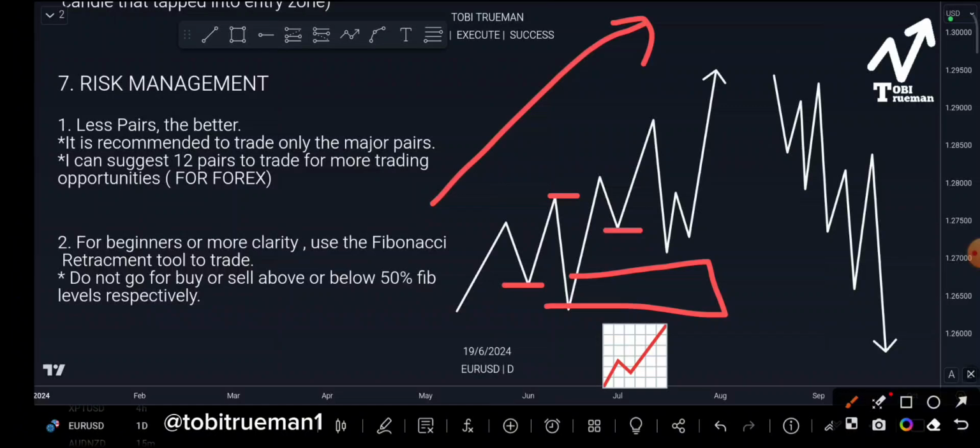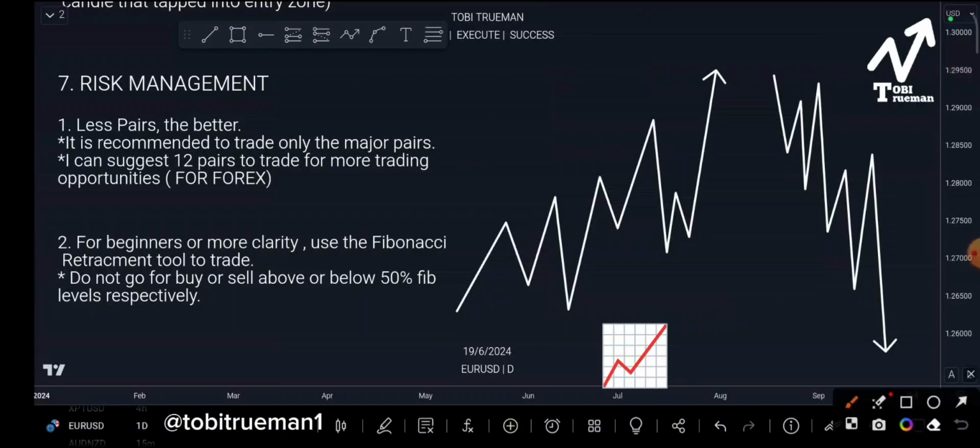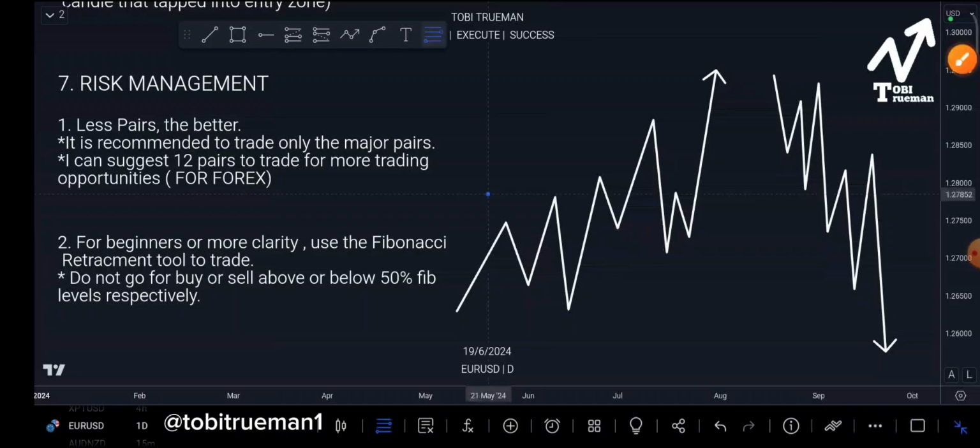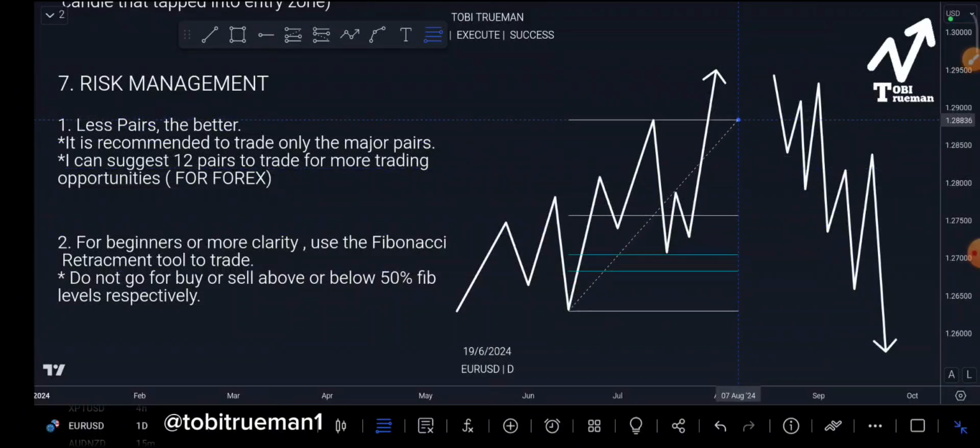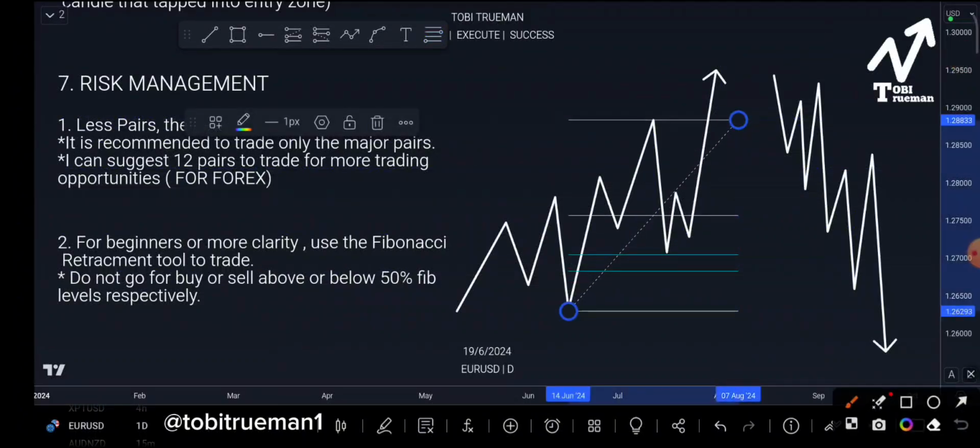And then there are sometimes when price takes inducement and gives an entry here, by the time you do your measurement with this fib retracement tool from this low point to this high point, you can see that this is first of all the 50% range.